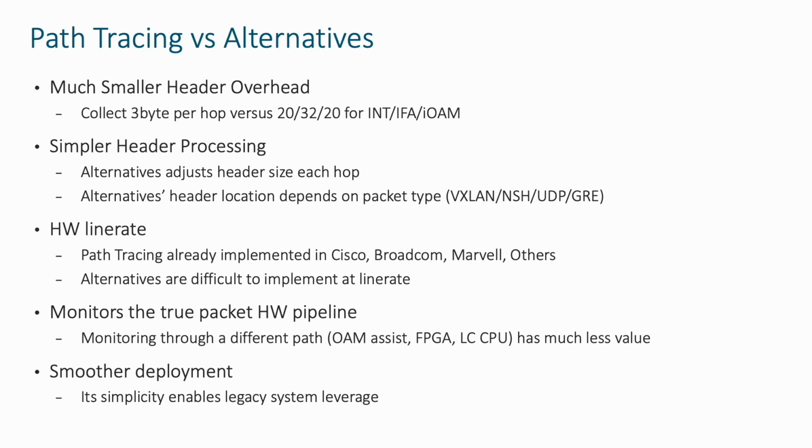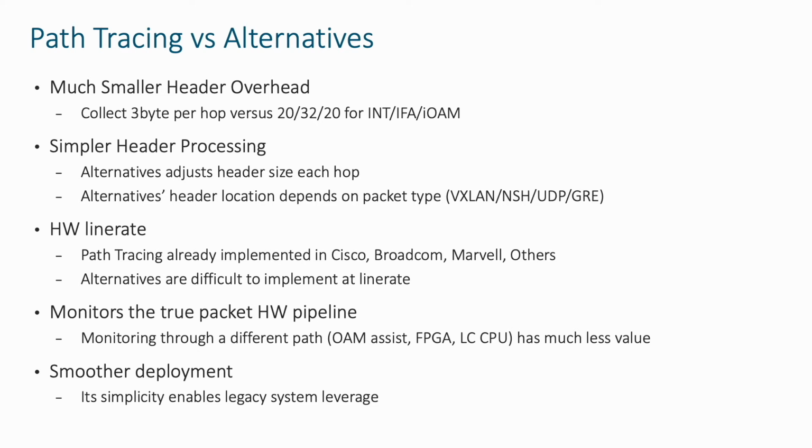I think by now it's quite obvious the value of path tracing when compared to the other solutions. But let me remind the benefits of path tracing. Path tracing has the lowest MTU overhead, only 3 bytes of information at each hop, compared to other solutions such as INT, IFA, etc., which require orders of magnitude of that number.